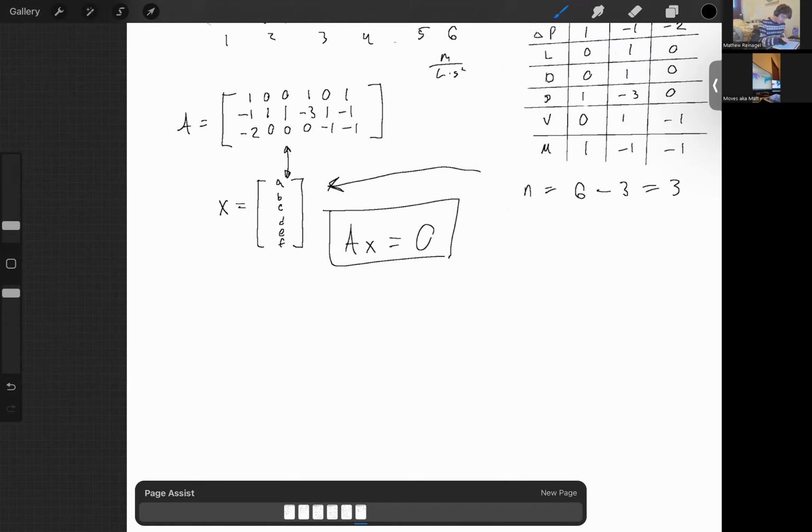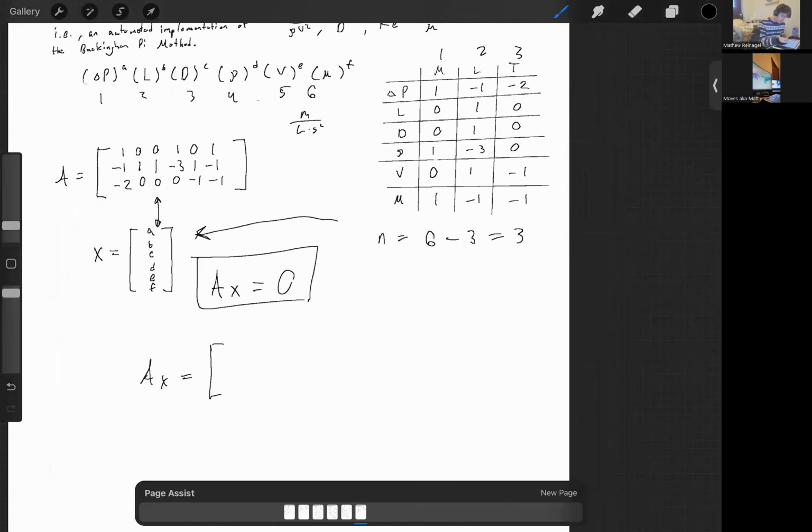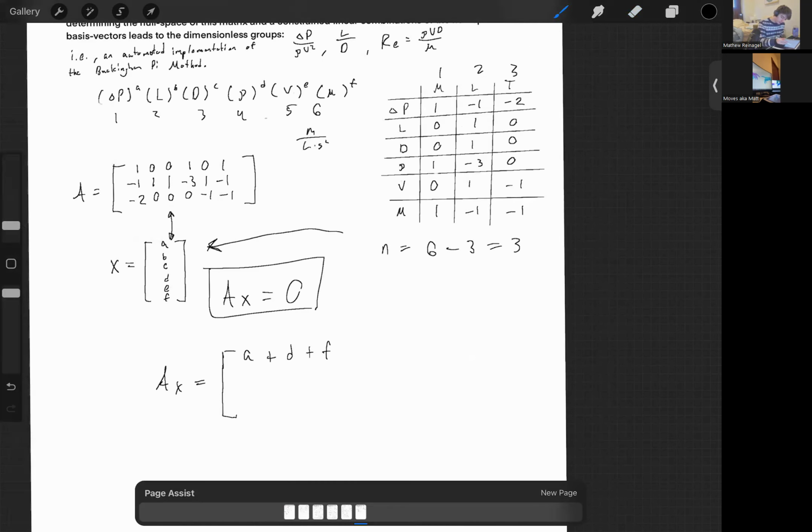So A of X, we can make A of X equal, and we're just going to sub in all the values of A, B, and so on into this. So if we go into the first group, we have A plus B plus D plus F. That is the first group that we have. Right, so I'm not crazy. Yep.